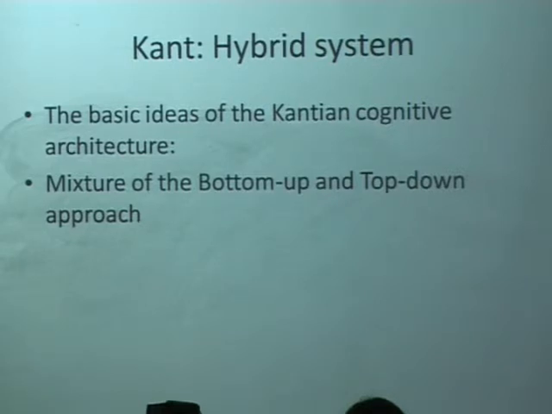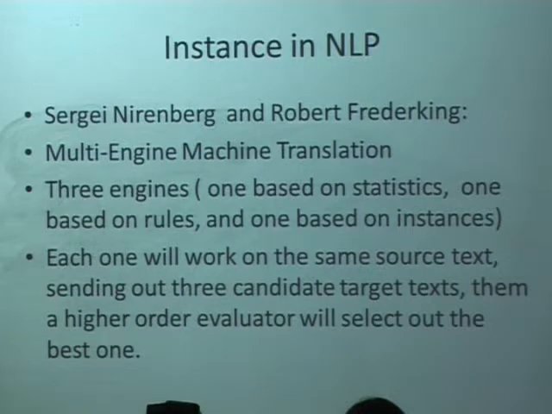Okay. So as an instance in NLP, of course I think OpenCog is an instance, but if we talk about natural language processing, so far as I know, Nirenburg and Frederking have a multi-engine machine translation approach. Just like Ben mentioned minutes ago, maybe we have different machines: one based on statistics, one based on rules, and one based on instances or examples.